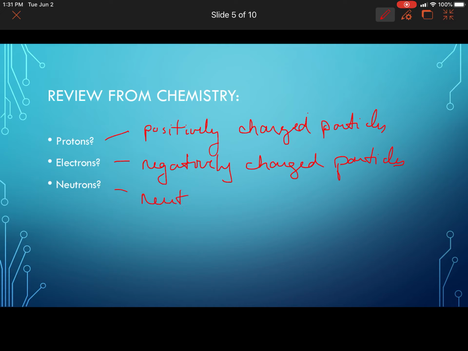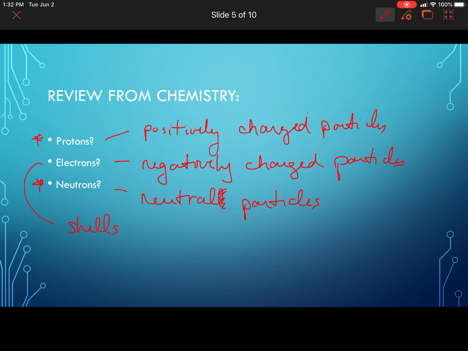And neutrons are neutral, I'm just going to say neutral particles. Now, which ones are found inside the nucleus? Yeah, protons and neutrons are found inside the nucleus, and where are the electrons found? Outside, and they are in the shells or the orbitals outside of the nucleus of an atom.